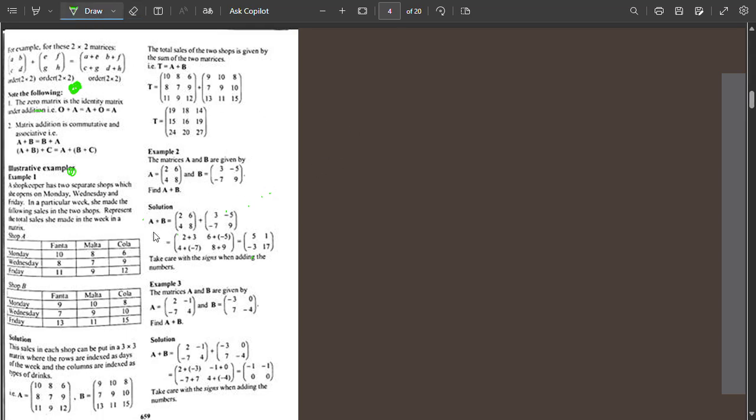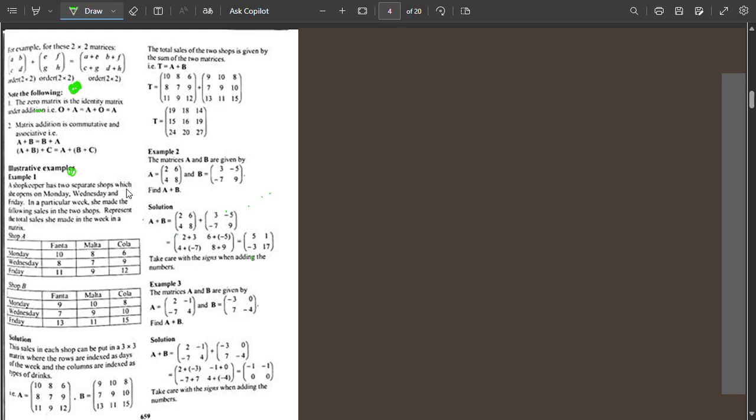Example 1. A shop holder has 2 separate shops which open on Monday, Wednesday and Friday. In a particular week, she made the following sales in the two shops. Represent the sales made in the week in a matrix.